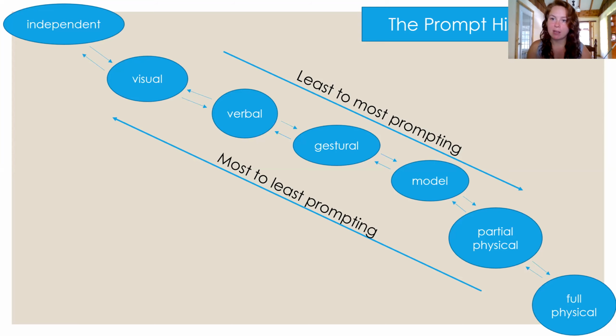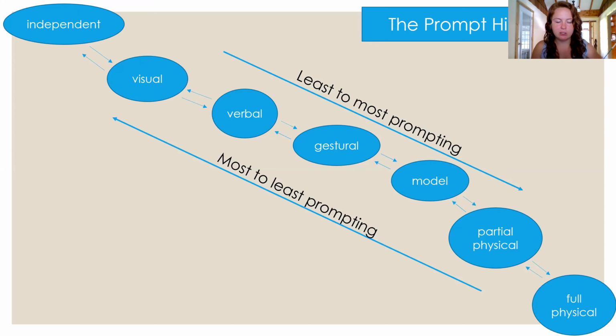When you fade that back to a partial verbal prompt, you are going to only give part of the response. So this would look like, you wash your hands with, and they repeat soap and fill in the rest of the response.